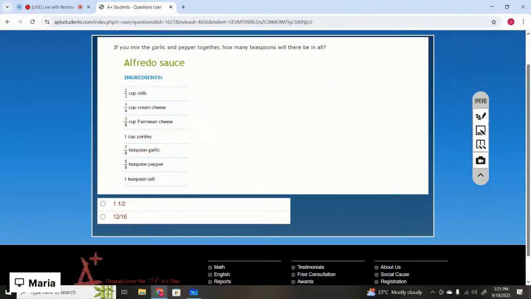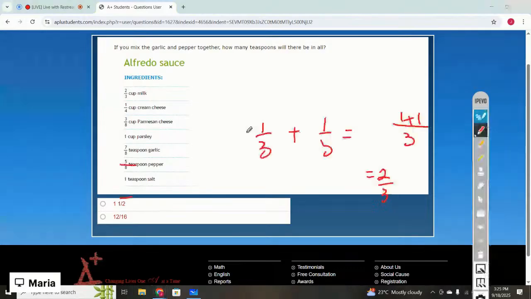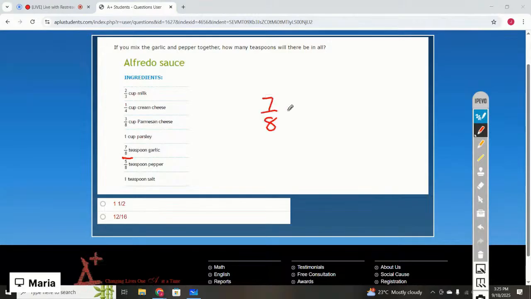If you mix the garlic and pepper together, how many teaspoons will there be in all? Garlic is 7 by 8 teaspoons and pepper is 5 over 8.